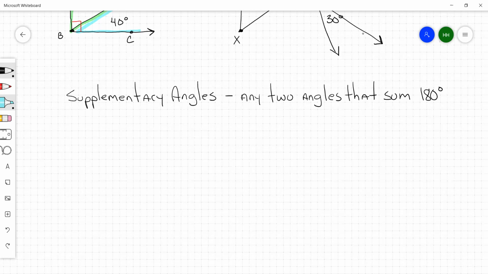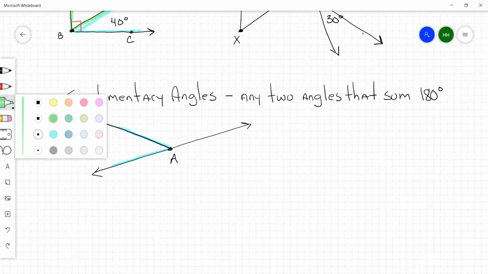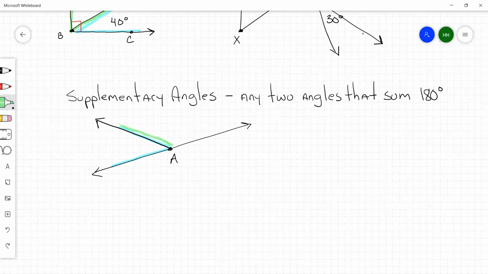Supplementary angles, any two angles that sum 180. So back to this straight line with point A on it, and you run a ray out of A, blue angle and green angle, they are supplementary.